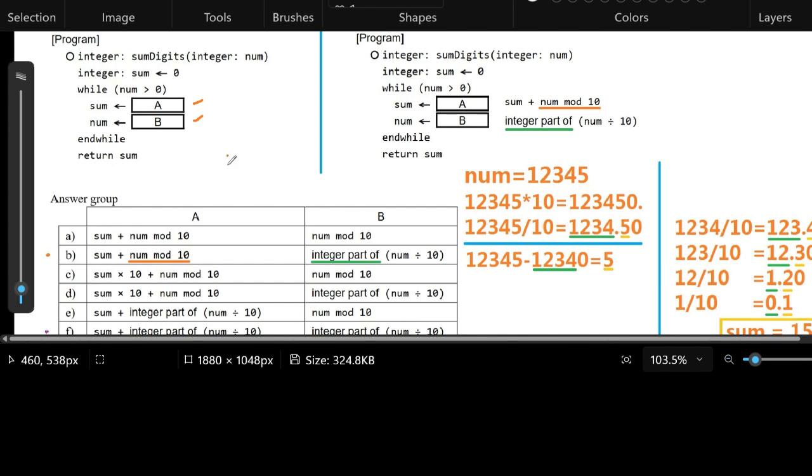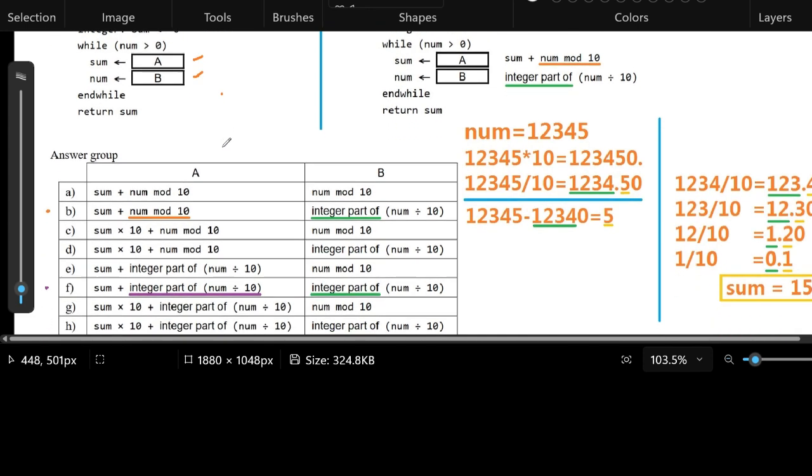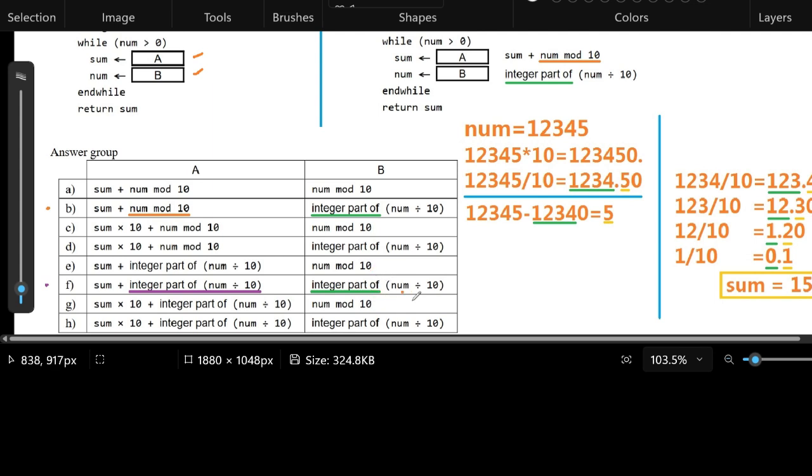When I was looking at the answer group, I immediately thought that integer part of (number divided by 10) is the correct answer for B. But when I moved to A, I may have thought that it would still be integer part of (number divided by 10) and just add it to the sum so that we can eventually arrive at the total sum.